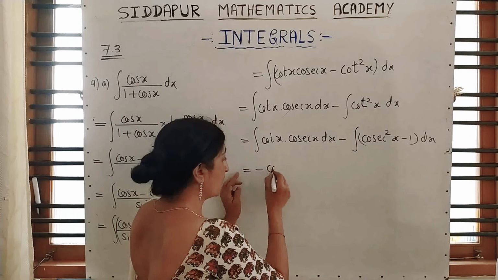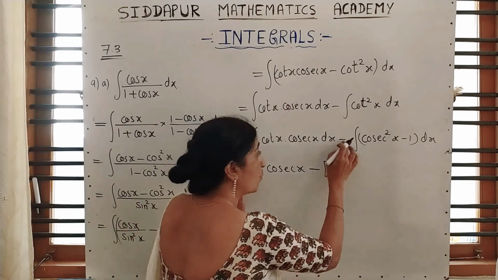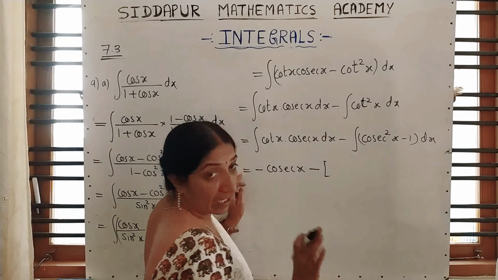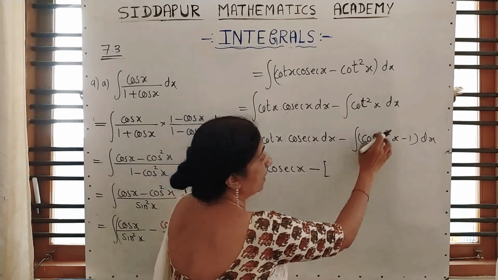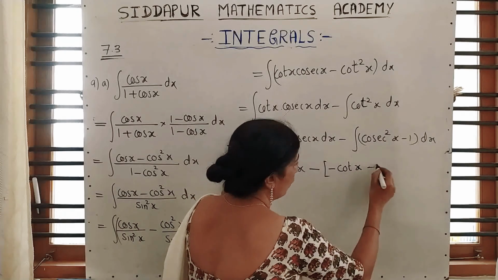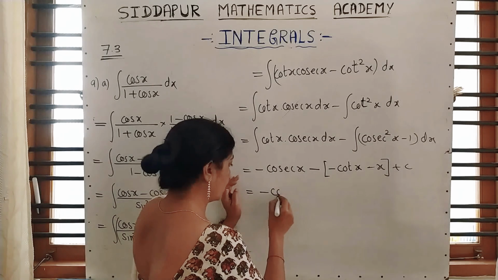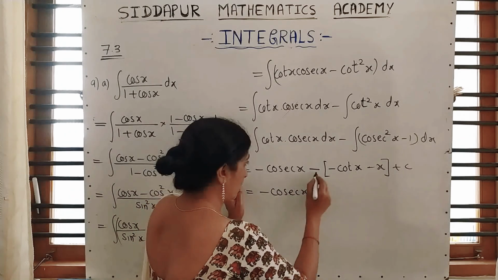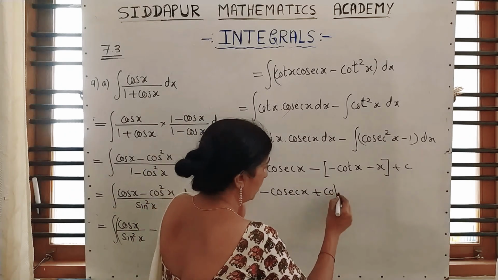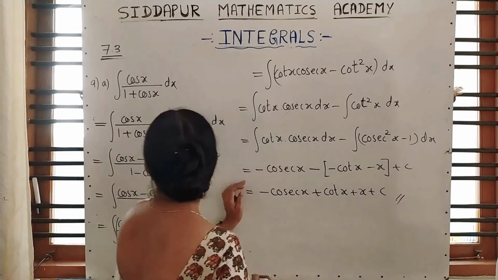That is minus cosecant x. Minus in the bracket. Here outside we have a minus, that's why I kept everything in the bracket. Integration of cosecant square x is minus cot x. Integration of 1 with respect to x is x. Minus into minus plus. So this is how we are solving.